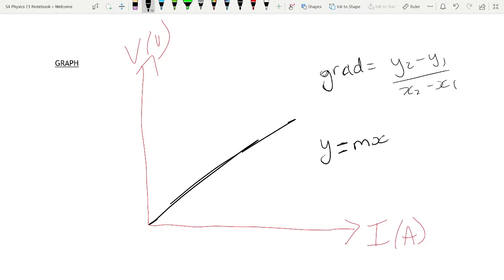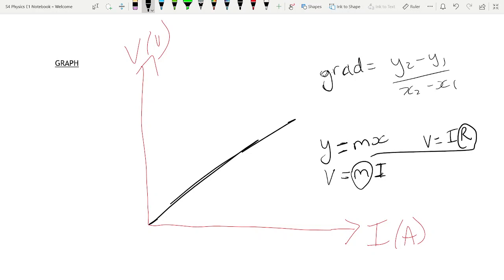So if we replace y and x with what's on the y-axis and what's on the x-axis, then we have voltage equals gradient times the current. We already know that voltage is current times resistance. So that resistance is the gradient.